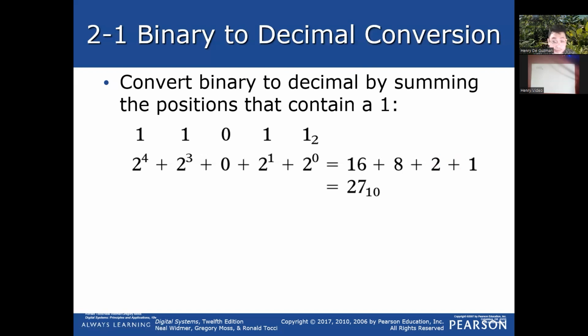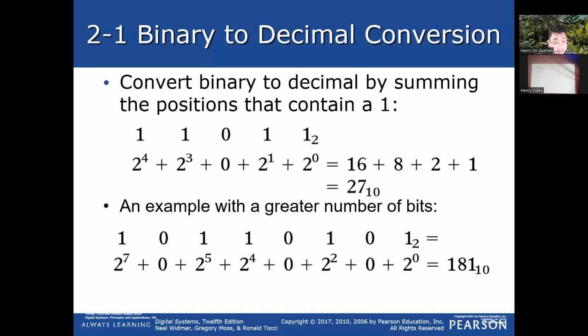Okay, next, let's have another example. Let's have a greater number. For a greater number, you have a greater number of binary bits. Here, let's count: 1, 2, 3, 4, 5, 6, 7, 8. 8 minus 1, so the highest is 2 to the 7.